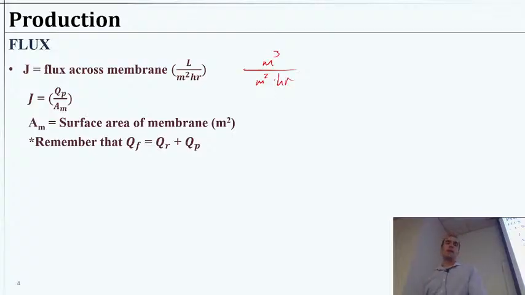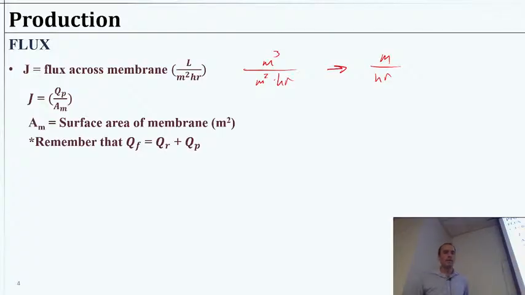Essentially this also becomes a velocity type of term. Of course, it's volume per area per time as a whole, but that can simplify to a velocity. That would make sense if you ask, what's my velocity passing through my membrane? All we need to know is how big the membrane area is to understand how much we're really treating, right?